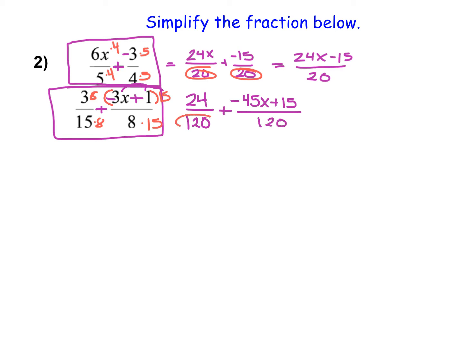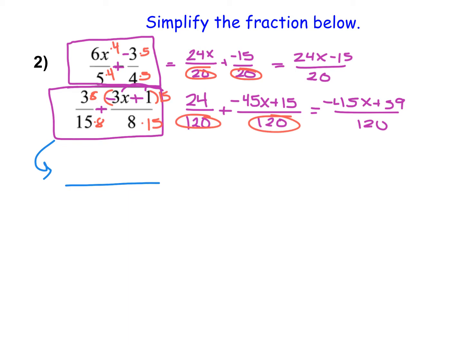And now, because I have common denominators, I can add these together, and they will become negative 45x plus 39 all over 120. So now that I've simplified both my numerator and my denominator, I now have one single fraction here.